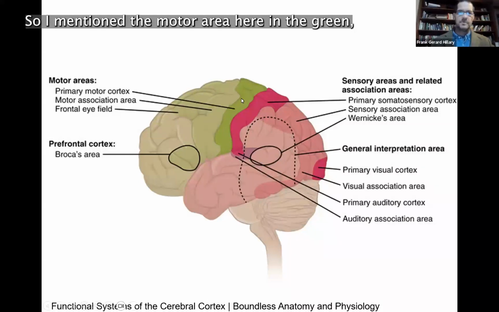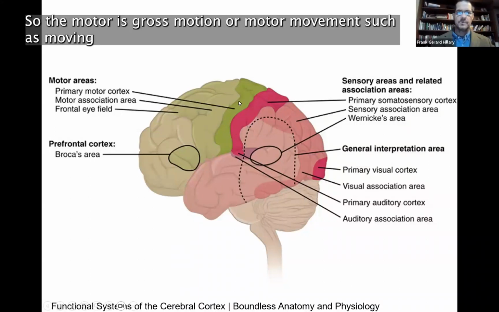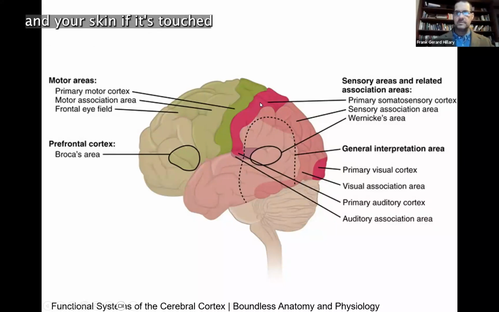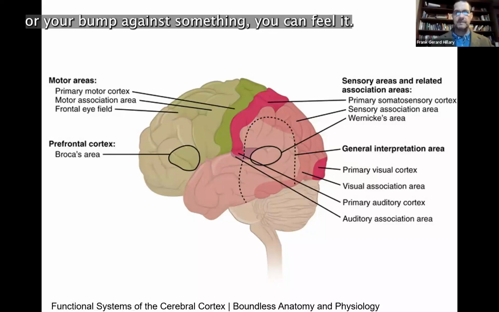I mentioned the motor area here in the green, the somatosensory area here in the red. The motor is gross motion or motor movement, such as moving your hand. Sensory area is the sensation in your hand, on your skin. If it's touched or you bump against something, you can feel it. Primary visual cortex, or V1, is in the back, and so on.